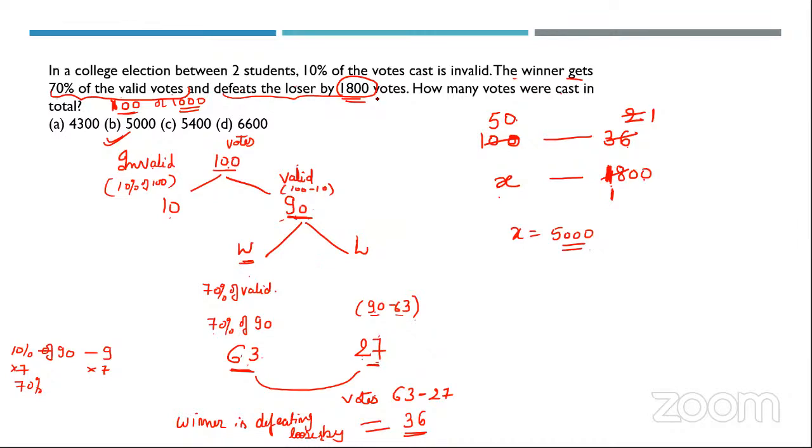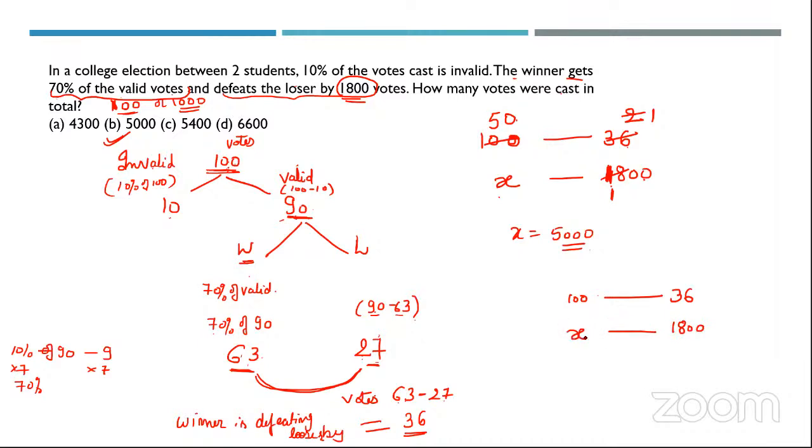And he defeats the loser by 1800 votes. Now this is not my actual number, so I'll not get 1800 here. So I'll see when it is 100, by how many votes is the winner defeating the loser. So what I did, I subtracted 27 from 63, I got 36. Now when I did this, I got to know that when the total number of votes was 100, he is defeating by 36 votes, but actually he is defeating by 1800 votes.